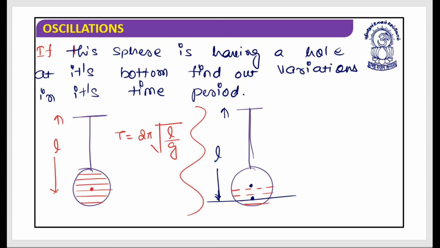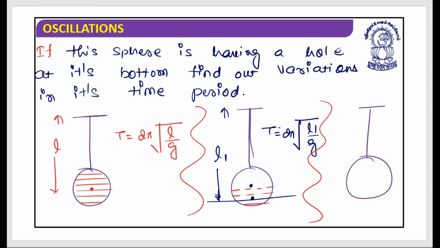Now after a certain time, let's call this length L1. Then T is equal to 2π root of L1 divided by g. Now again, after a certain instant of time, the situation occurs like this, that it is completely hollow.